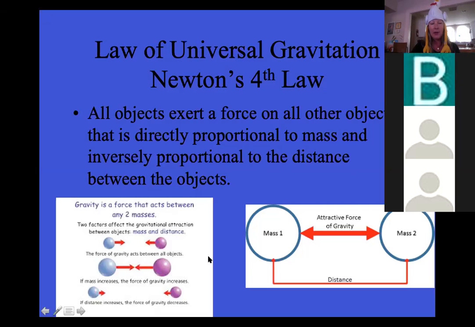And these illustrations here can show you that. You can see in the illustration on the left that the greatest force of attraction is between these two larger objects that are closer together. And I think you needed to fill that in on your notes.